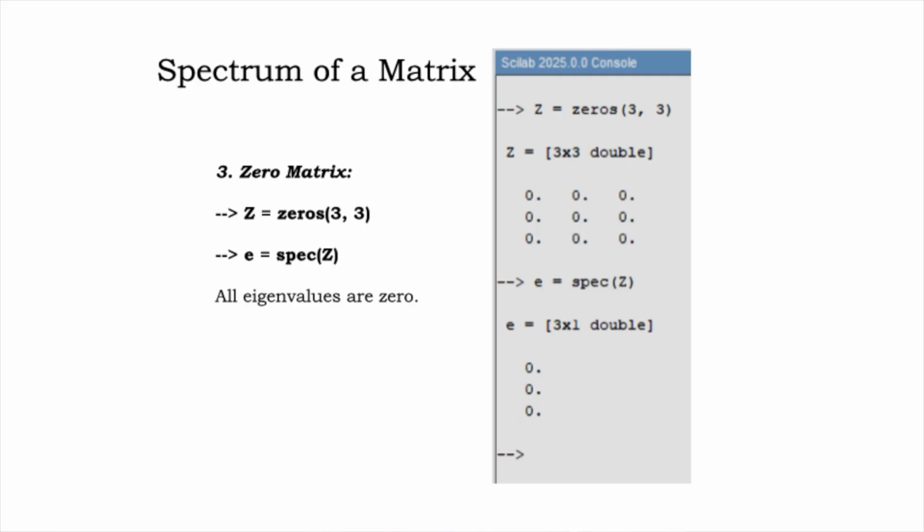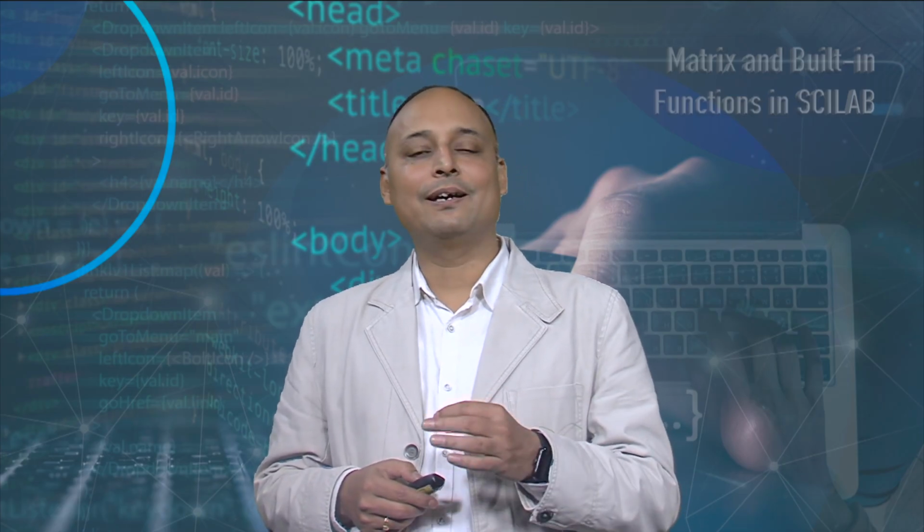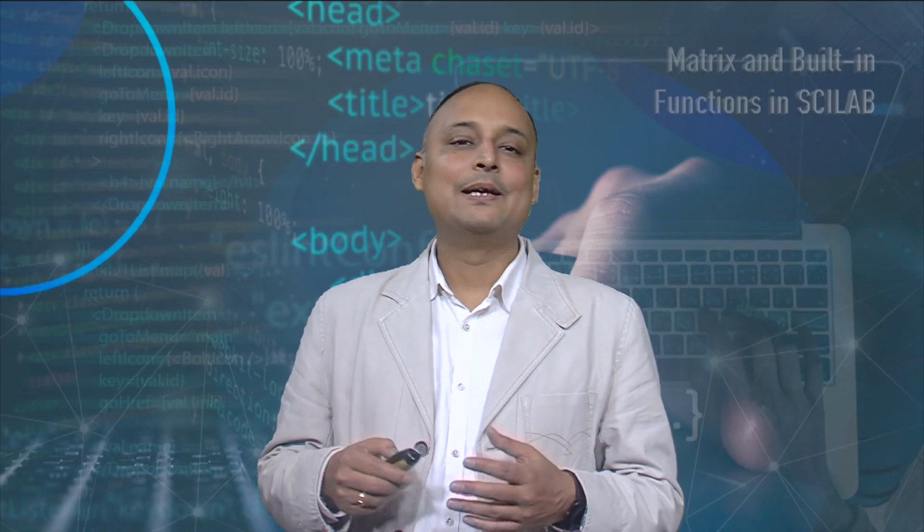All eigenvalues for this matrix are 0. Thus, the spec function is a robust and essential tool for computing the eigenvalues of matrices in Scilab. Whether dealing with real, complex, diagonal, or symmetric matrices, spec simplifies the process and enables you to analyze a matrix's spectrum effectively.